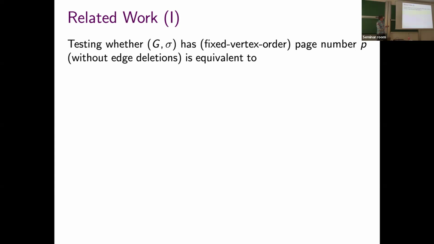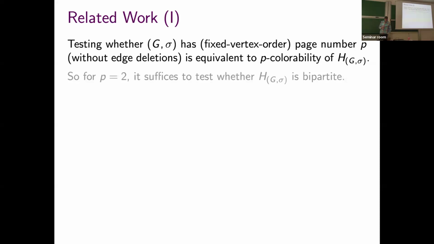So now, if I say page number, I mean no crossings. Yes, exactly. It's coloring the conflict graph with p colors. Good. And in the special case that you have only 2 pages, then this is checking whether the graph is bipartite.